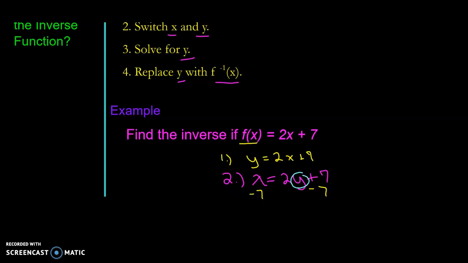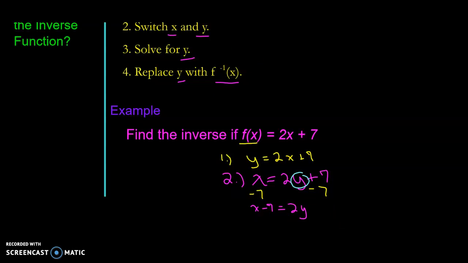So now we have x minus 7 equals 2y. Don't do what I did, I just got confused. X minus 7 equals 2y. Now how do I leave y by itself?